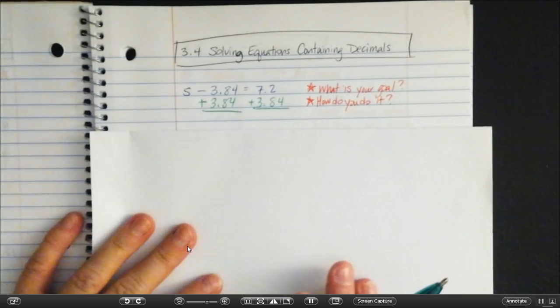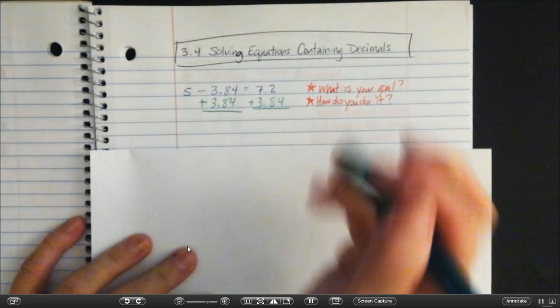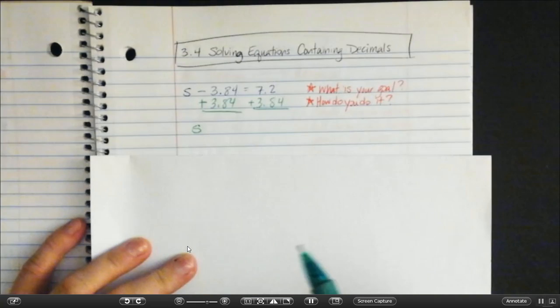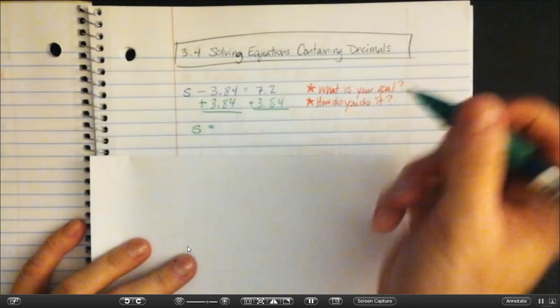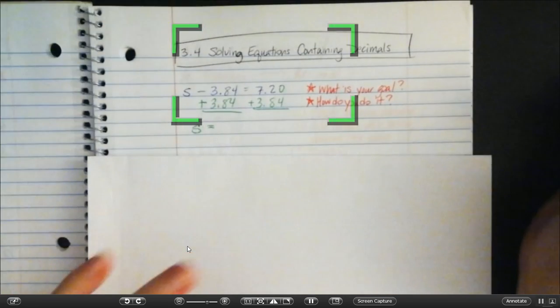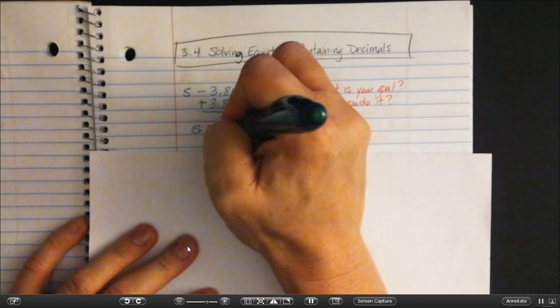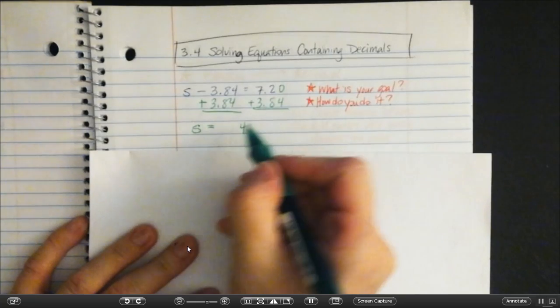Okay. So when I add 3.84 to negative 3.84, I get 0, which leaves s by itself. And then I'm adding 7.2 and 3.84. I can add a 0 there if I want to. And when I add, I get 4. I'm going to scooch it over a little bit so it's near here.